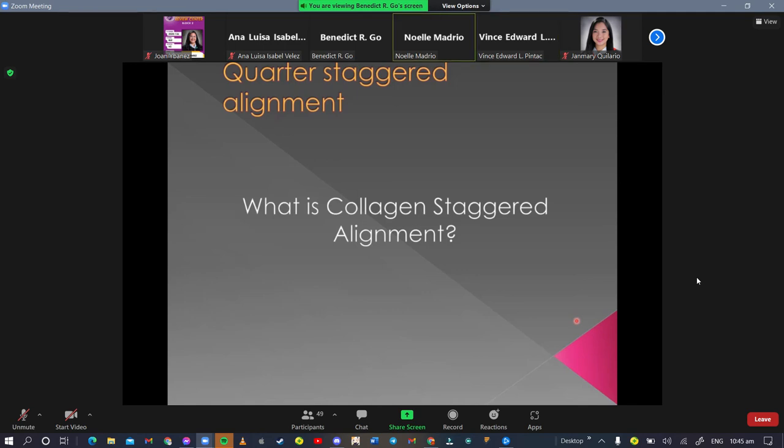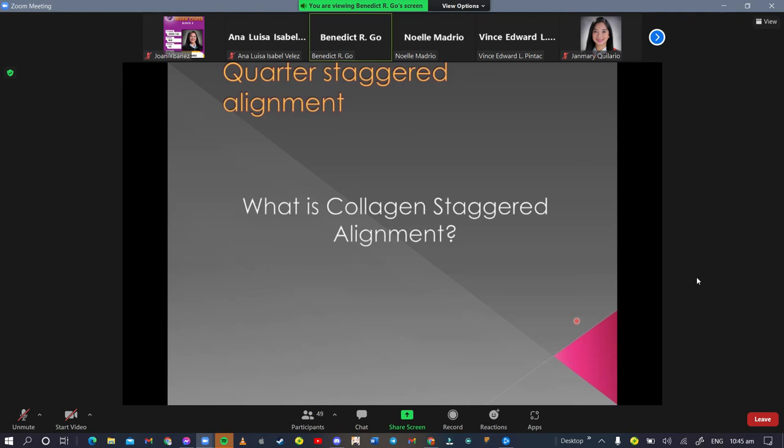That's important for the collagen because it allows for tensile strength, I think. And then it also leads to the banding appearance of the collagen.